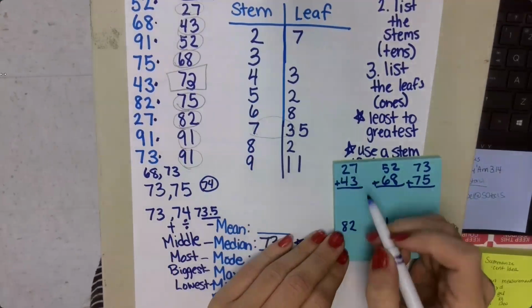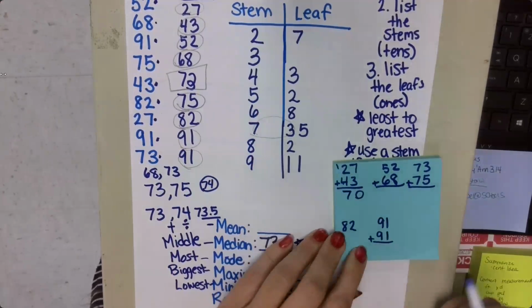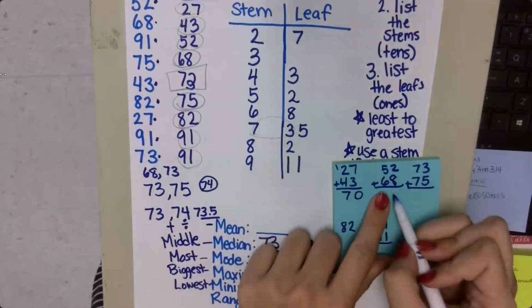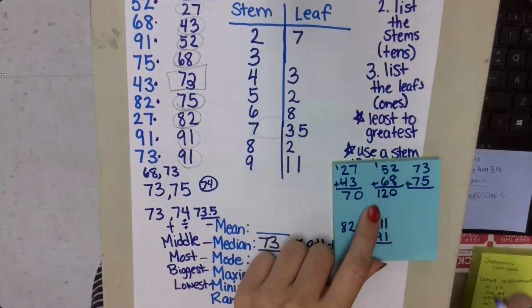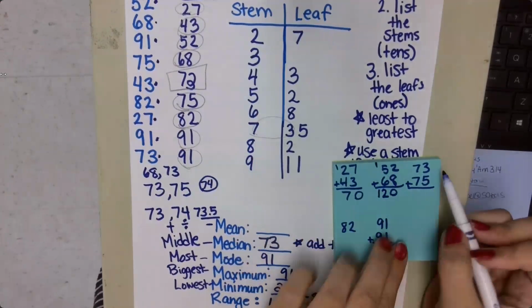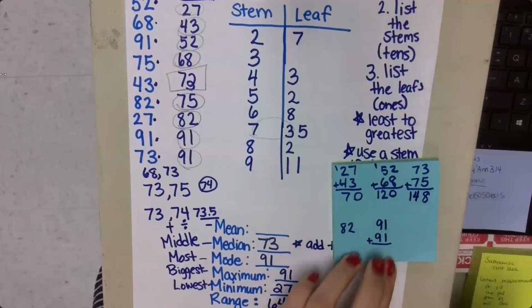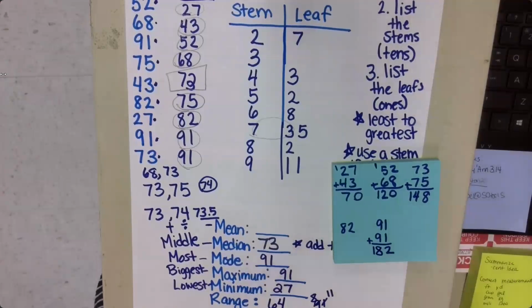All right, 7 and 3, 10, carry the 1, 4, 5, 6, 7, 70. Now I'm going to have to add that with all of these other numbers. This is again 10, that's 12, 120, 5, 6, 7, 8, 7 and 7 is 14, 1 is 2, 9, 18.